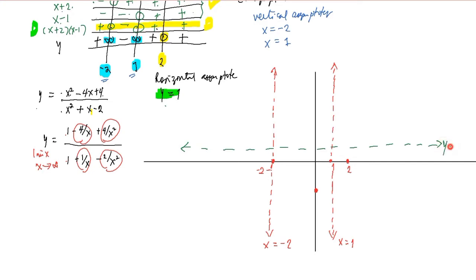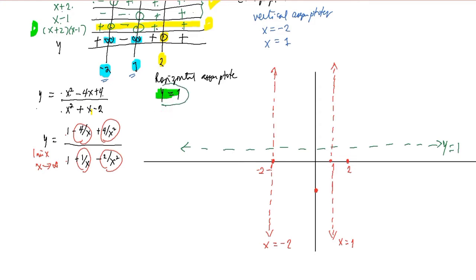Kasi, based on our previous discussion, I said na there is a tendency na magkaroon tayo ng pagtawid sa graph natin in the horizontal asymptote. Pero sa vertical asymptote ay never, no? Never siyang magta-touch. Pero sa horizontal asymptote ay may possibility na mag-touch siya, no? So, aalamin natin saan banda, no?